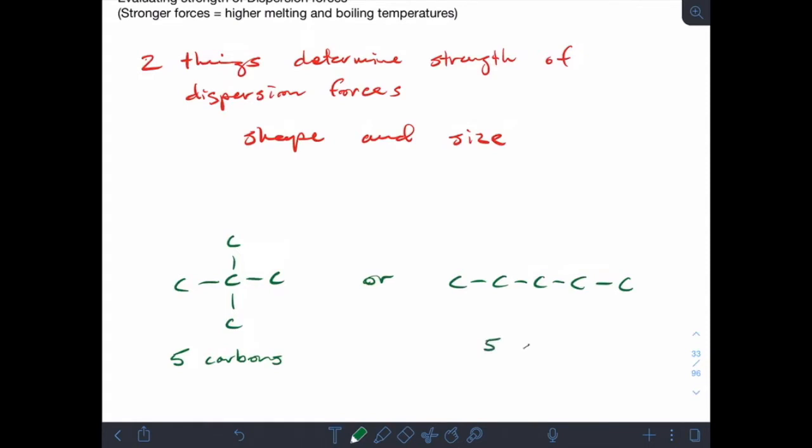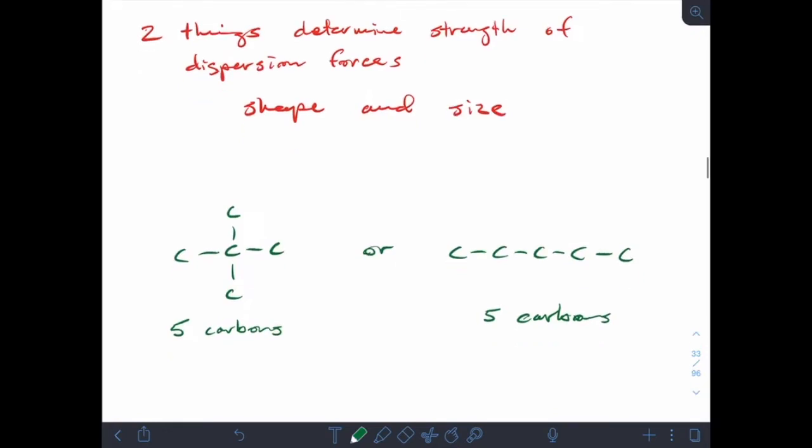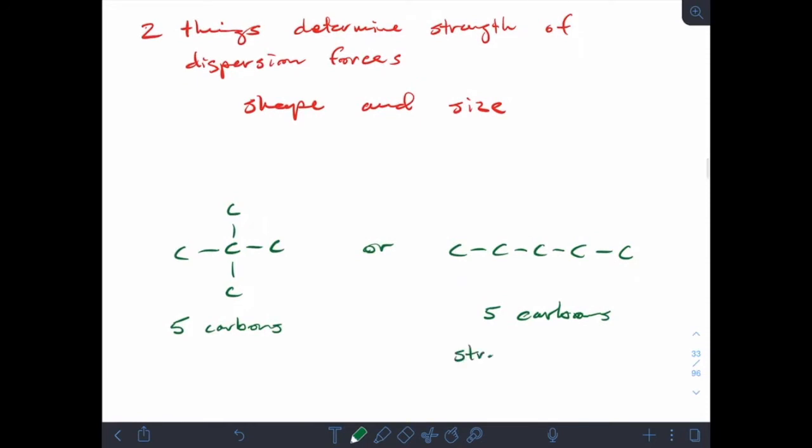Also 5 carbons. Right? Which will have the stronger forces? The long, flat one. Much like the 2x4s in the example.